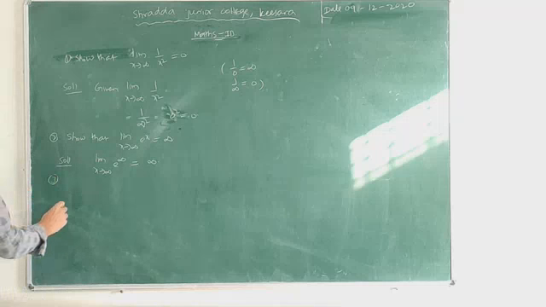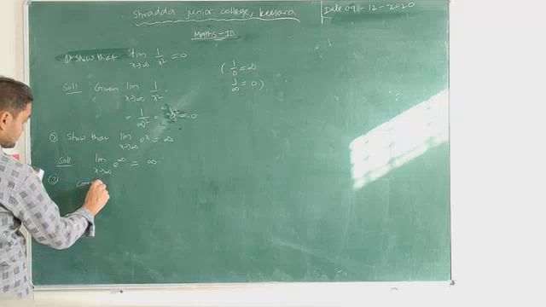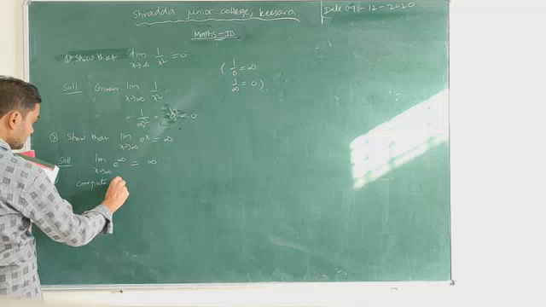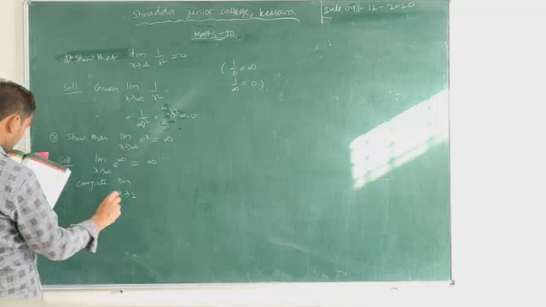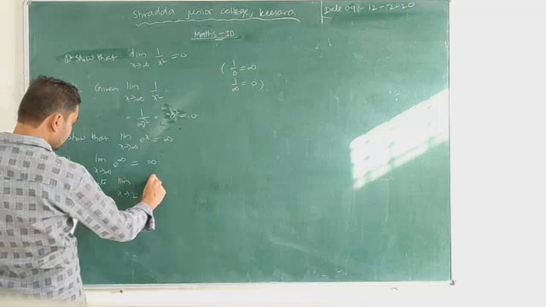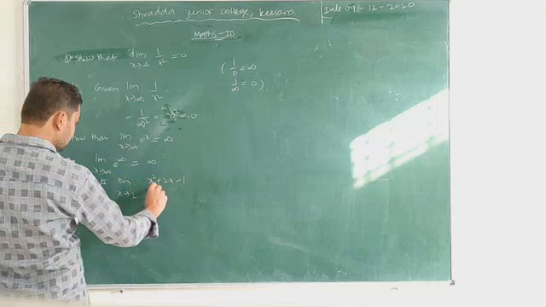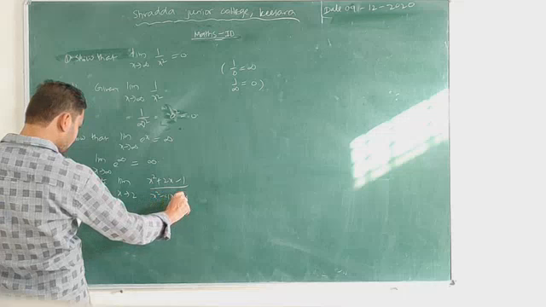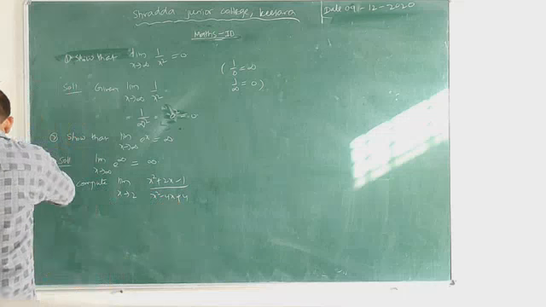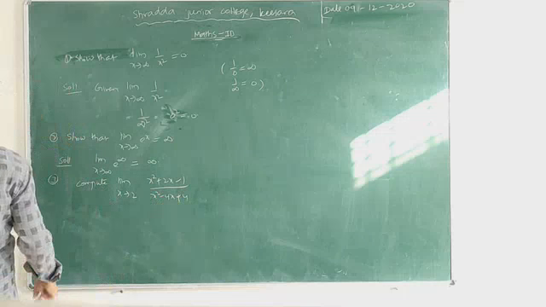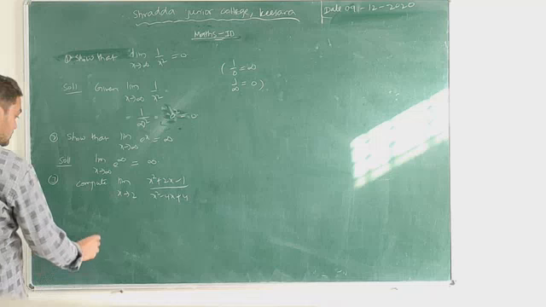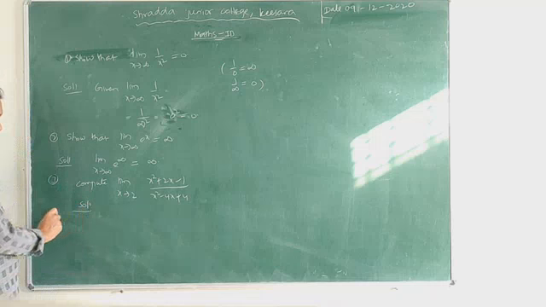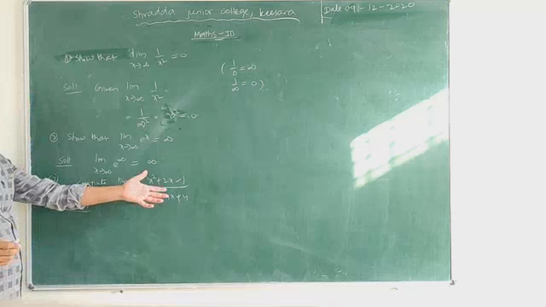Next, compute limit x tends to 2, x square plus 2x minus 1 by x square minus 4x plus 4. See the solution here. Substitute 2 in place of x.